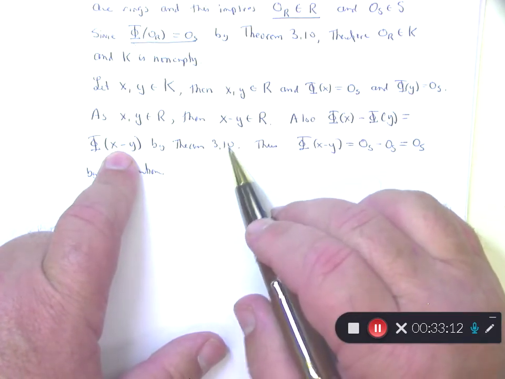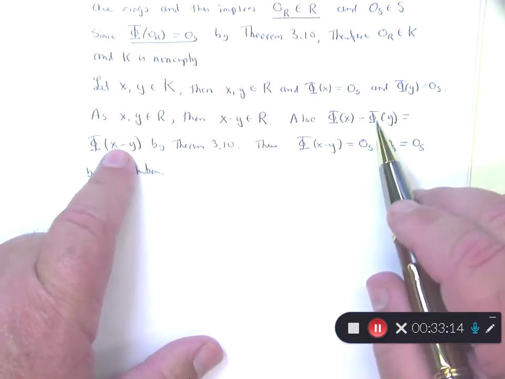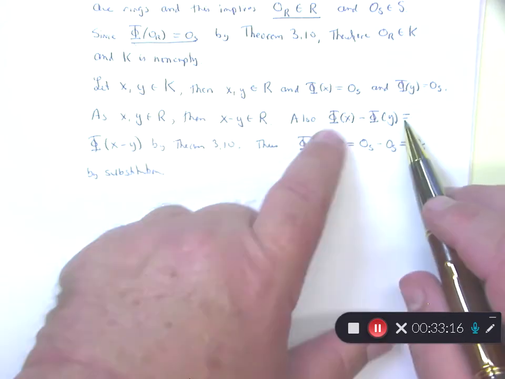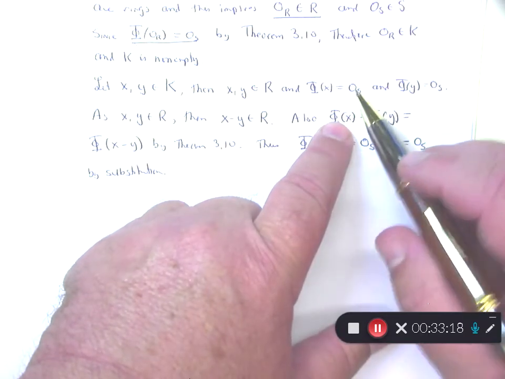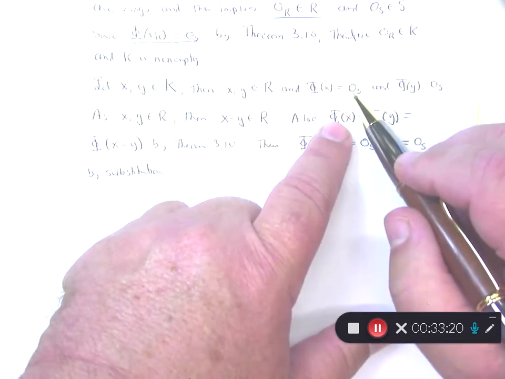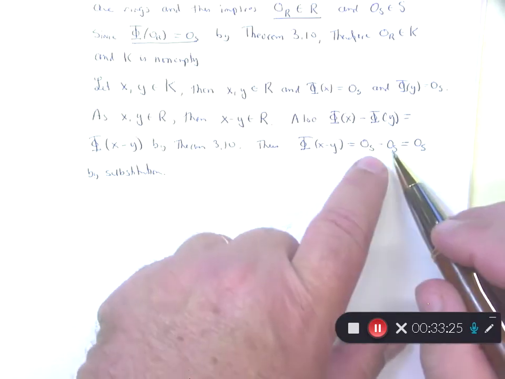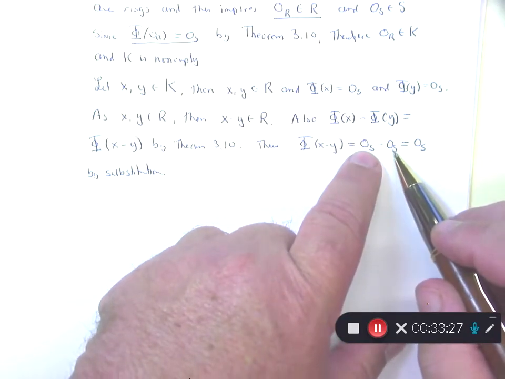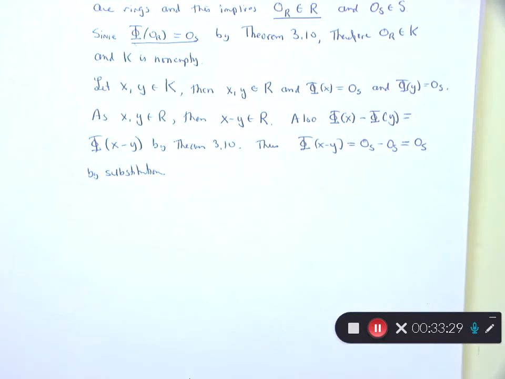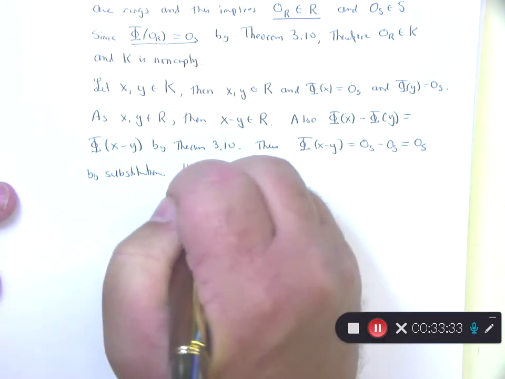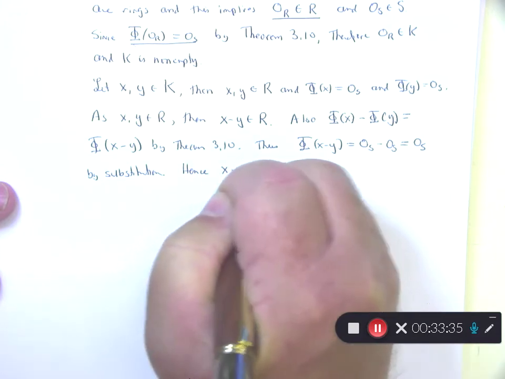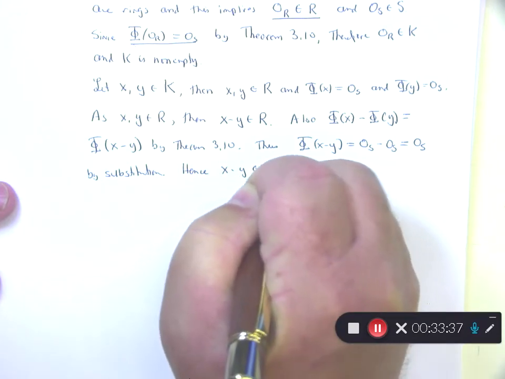Go back and look at Theorem 3.10 if you've forgotten. And then phi of x, by definition of how we defined x and y, is equal to 0s, and phi of y equals 0s. So I get to replace phi of x minus phi of y with 0s minus 0s, which by definition is equal to 0s, and I just call that by substitution. Hence, x minus y is an element of K.